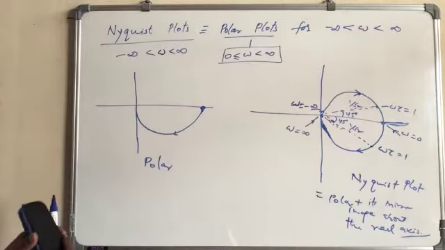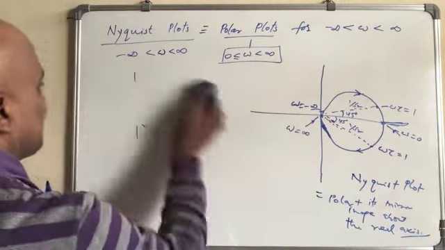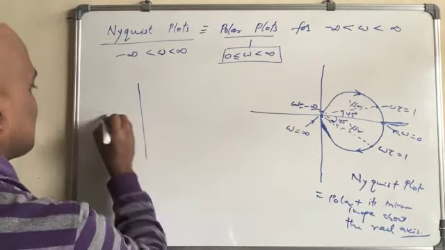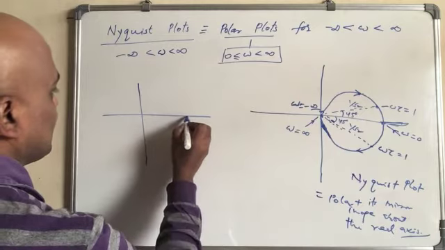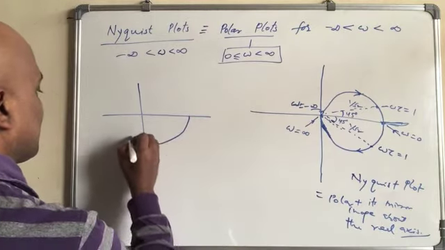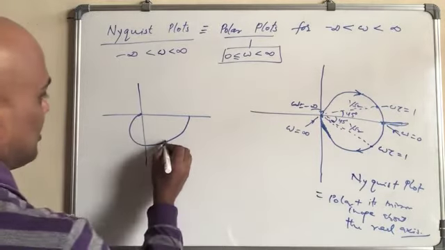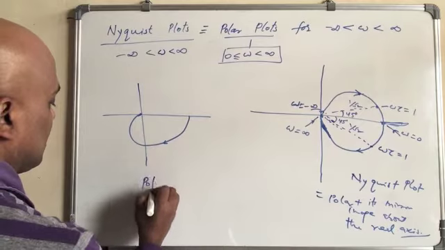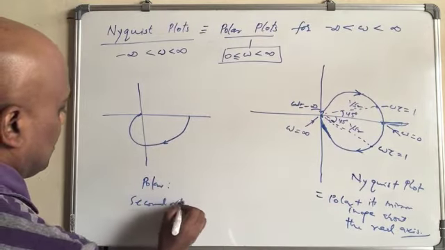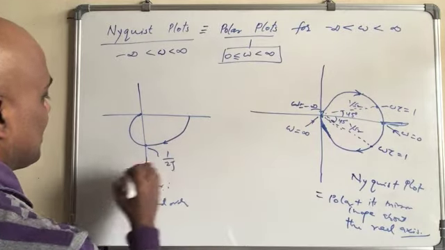Similarly, this is a first order system, so for a second order system we can see that. For second order system, we had a polar plot which looked something like this. We started from here and went like this. So this was the polar for second order. We know that this point is 1 over 2 zeta, right?